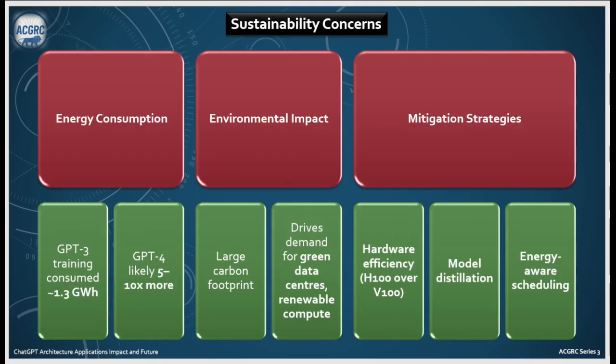Let's look at sustainability concerns. There are three: energy consumption, environmental impact, and mitigation strategies. Under energy consumption, ChatGPT 3 consumed about 1.3 gigawatt hours of power. GPT-4 likely 5 to 10x more than ChatGPT 3.